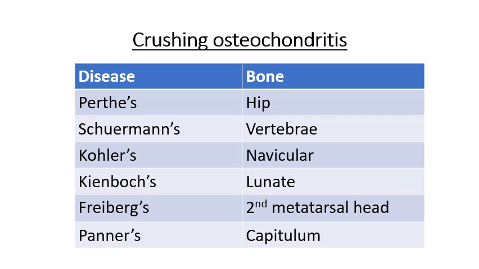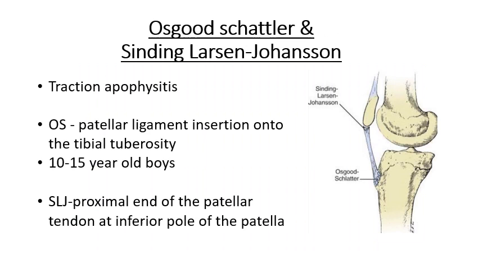Scheuermann's involves the vertebra. Köhler's is the navicular bone of the foot. Kienböck's is the lunate. Freiberg's is the second metatarsal head. Panner's is the capitulum. These are the eponymous names of crushing osteochondritis. Remember a few of them, but the important one for the exam is Perthes disease.